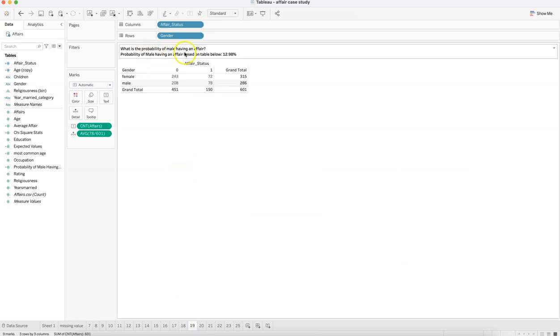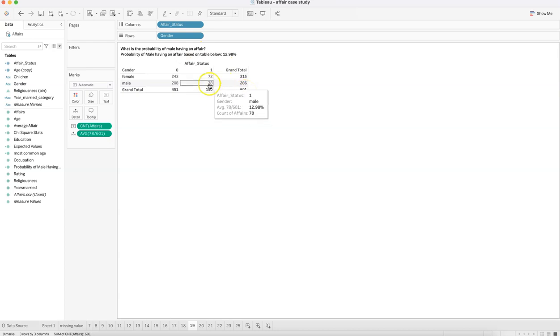What is the probability of a male having an affair? This is where the probability questions come in to indicate the actual probability. For this, we always create a table with gender and affair status, and the probability is 12.98. Overall we have 601 observations.